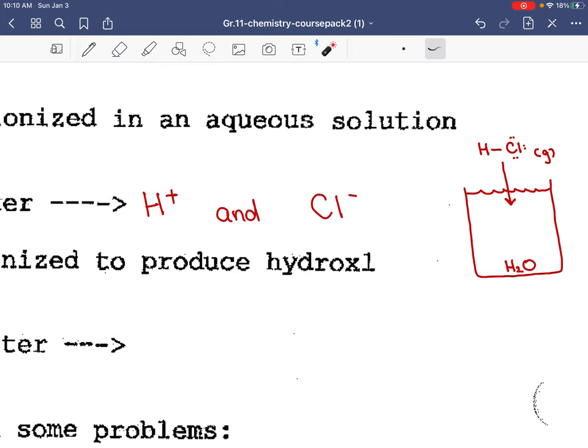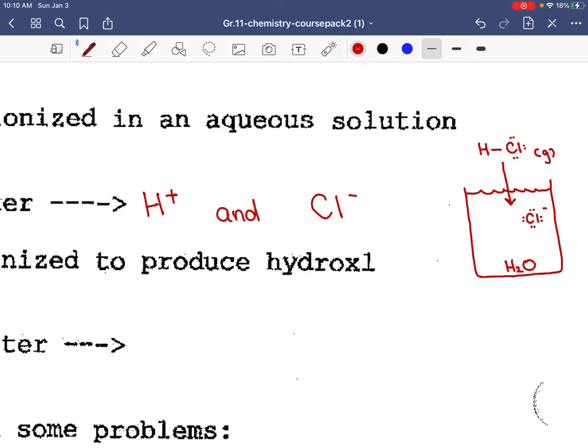Chlorine says, I don't want to share electrons with you anymore, H. Water is here. I want to take all the electrons and be chlorine minus. I am now an ion.